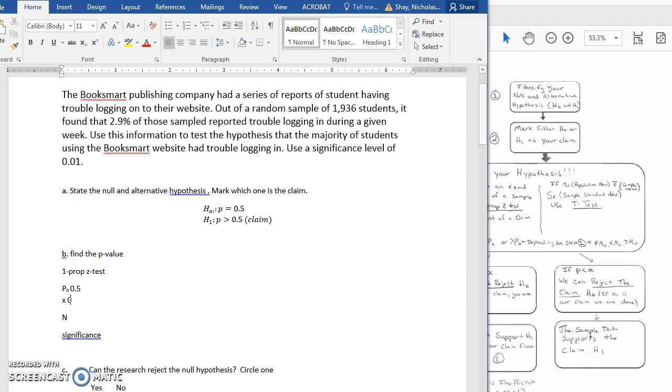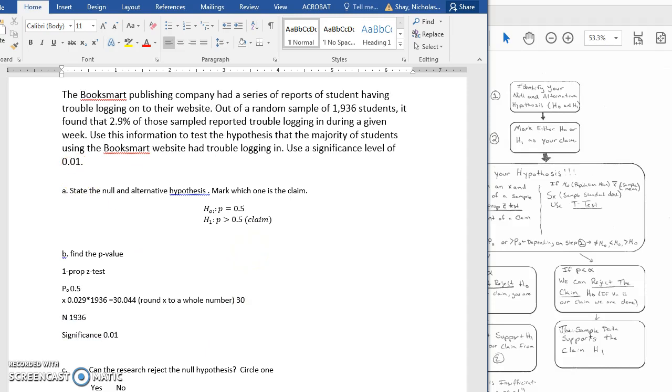So to get this x value, you need to do 0.029 times 1,936, which gives us this value. But you need to round this to a whole number. We always round the x to a whole number. So in this case, it's going to be 56. Finally, n is the total number of people we asked in the sample, which was 1,936. And our significance level is 0.01.